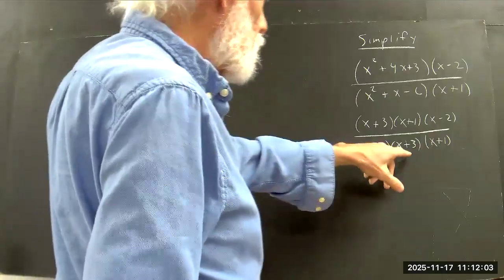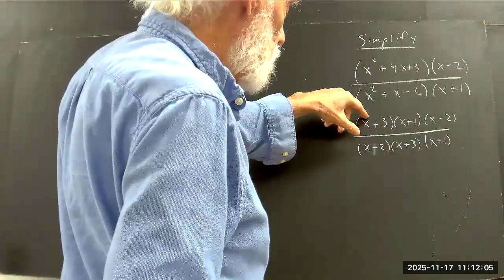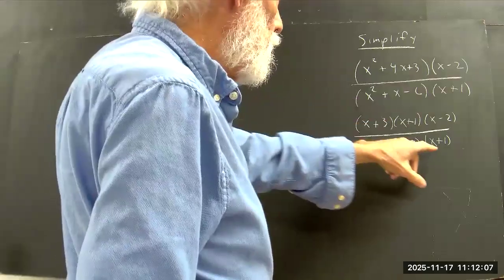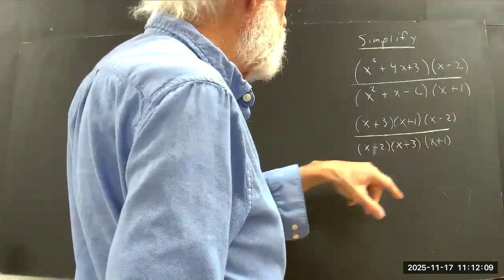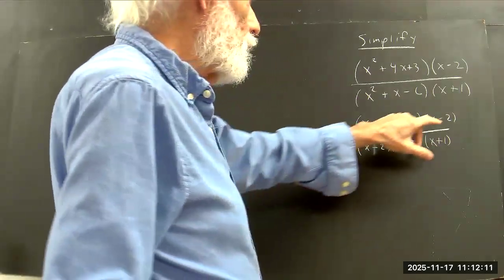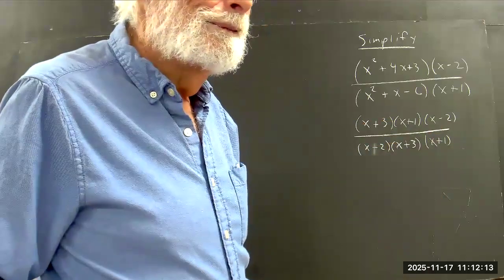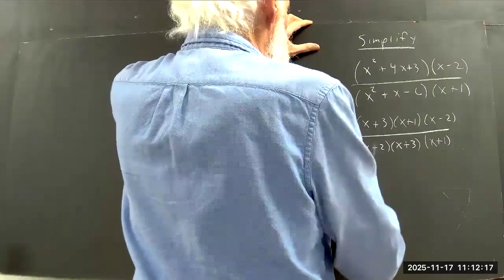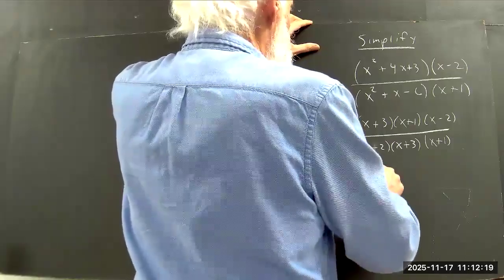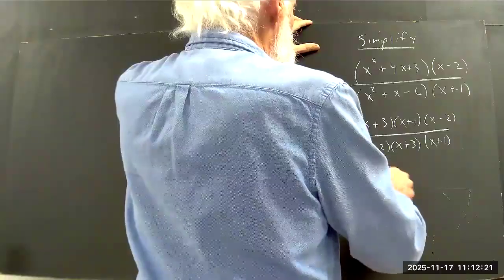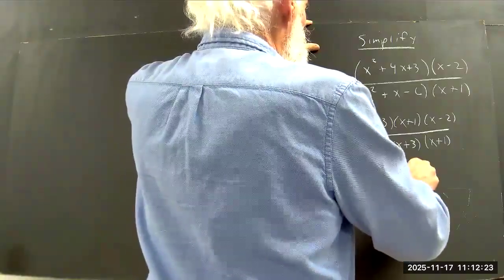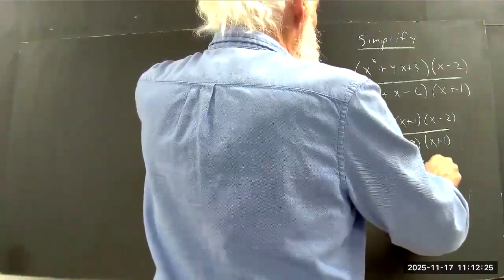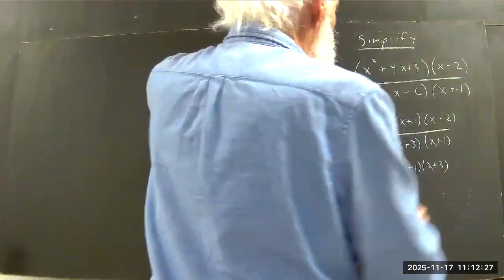Then x plus 3 is a factor of the denominator and a factor of the numerator. Same thing with x plus 1. And doggone it, the same thing with x minus 2. This equals x minus 2 times x plus 1 times x plus 3.